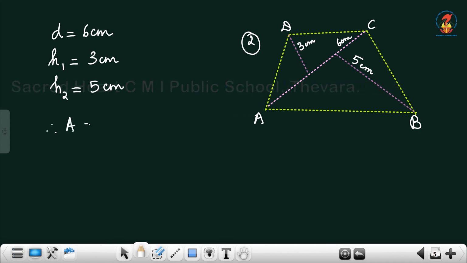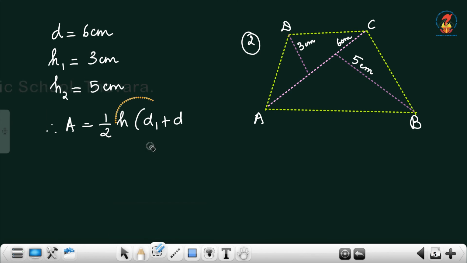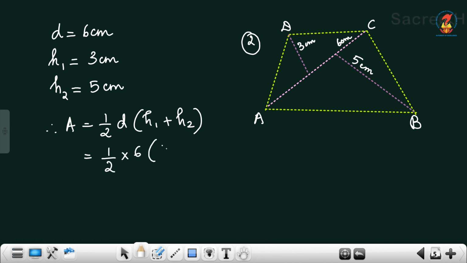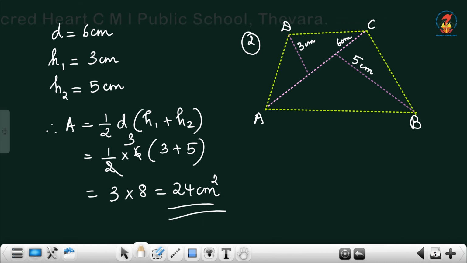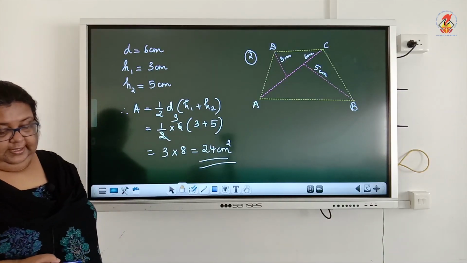Therefore, area equals half D into H1 plus H2, half into 6 into 3 plus 5. 3 into 8, 24 centimeter square. So this will be the answer.